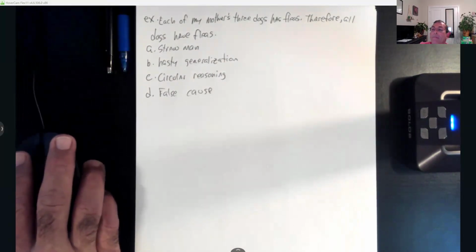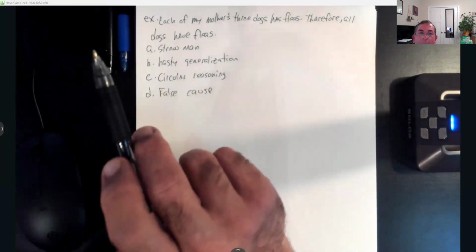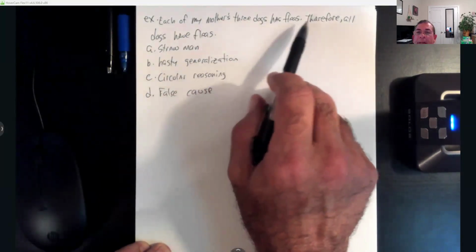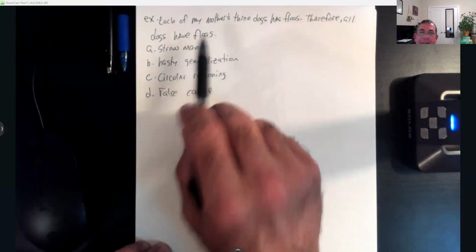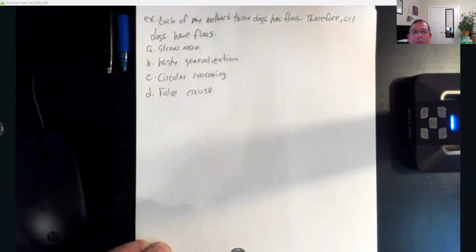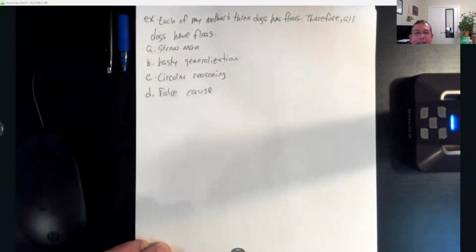All righty. So each of my mother's 3 dogs has fleas. Therefore, all dogs have fleas. So, is it true that all dogs have fleas just because someone's mother's dogs have fleas?